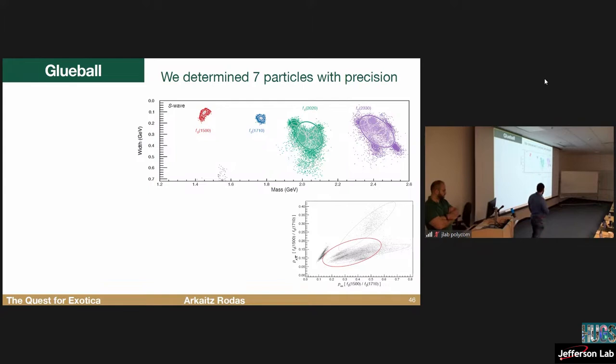And when doing so, I'm comparing here the 1500 and 1710, not the other two. You see the dominant one is the 1710. This you can also see in data. I don't know if you see the numbers, but comparing the 1500 and the 1710, on average the 1710 couples roughly 3 point something times more to pi pi, and almost 10 times more to K K-bar than the 1500.